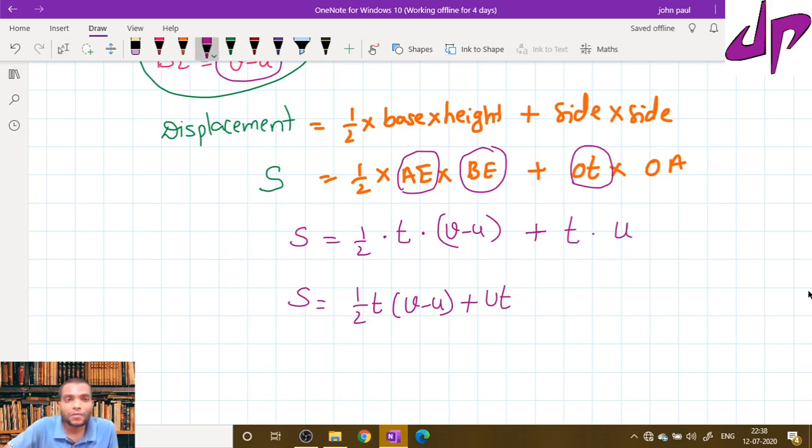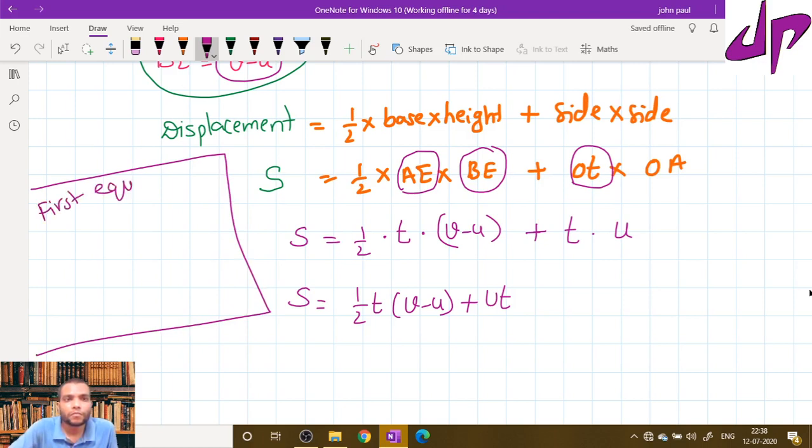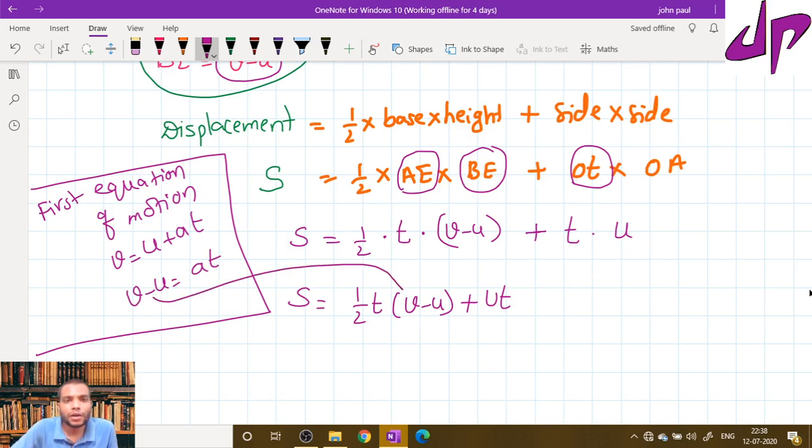Now if you remember from the first equation of motion, we know that v equals u plus at. I would like to rewrite this equation: v minus u equals at. So in place of v minus u, I can substitute the value at.